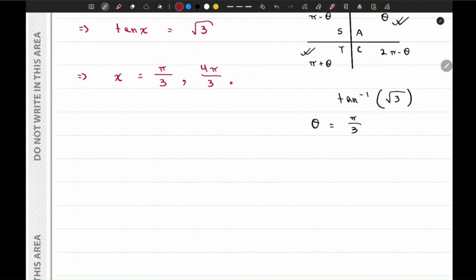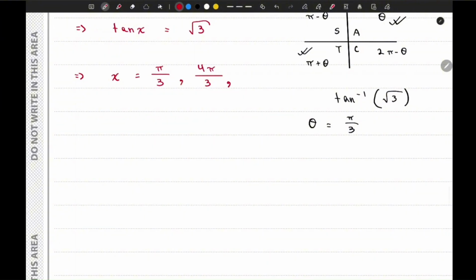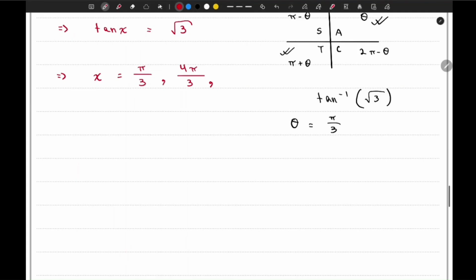In order to find out the previous solutions, we can subtract 2 pi from this value. Oh, wait, not 2 pi by 3, 4 pi by 3 minus 2 pi, which gives us a value of negative 2 pi by 3.